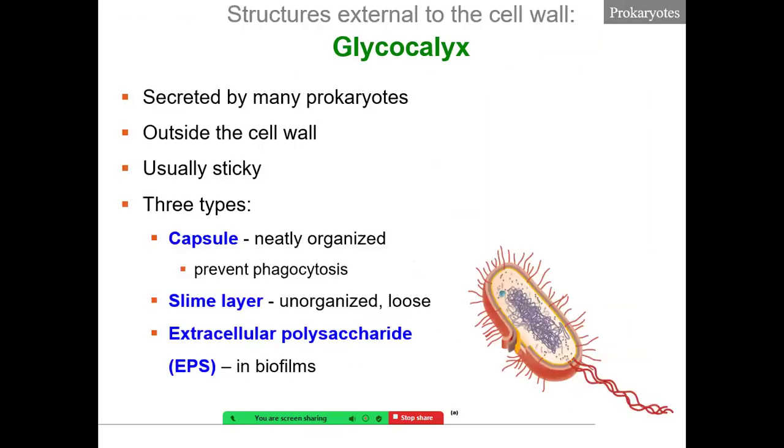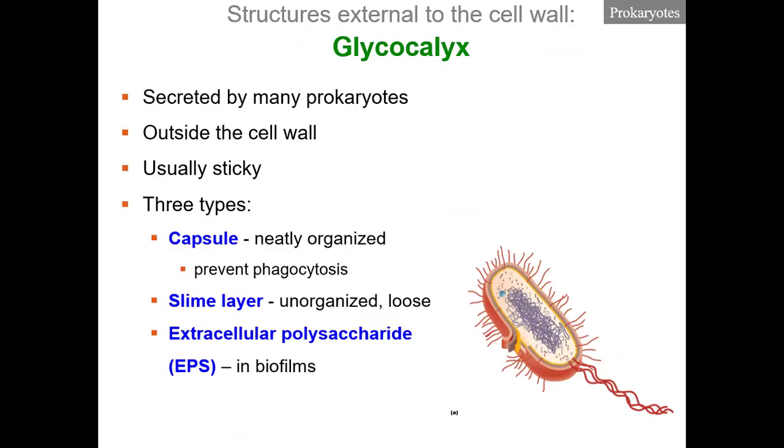The glycocalyx is a structure that the cell makes by secreting substances outside the cell. Many prokaryotes can have a glycocalyx. Not all do.